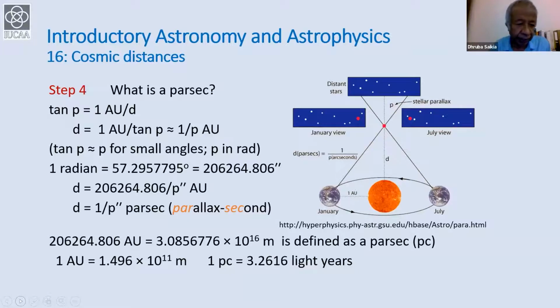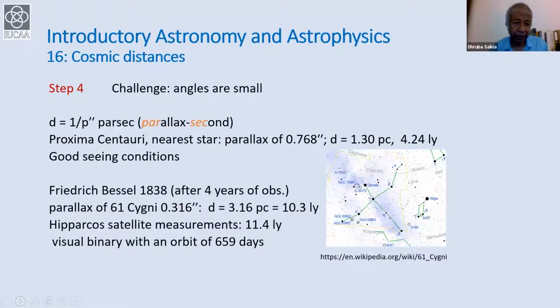You can see over here that the further an object is, the smaller would be the parallax angle that you're going to observe. So how far can you push it? Parsec comes from parallax second, parsec. Now, Proxima Centauri is the nearest star.